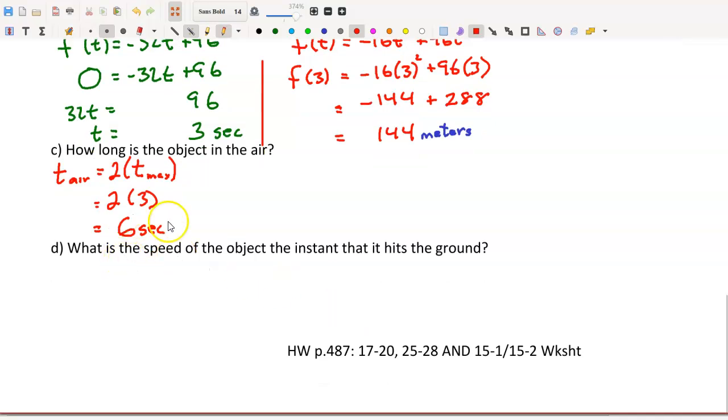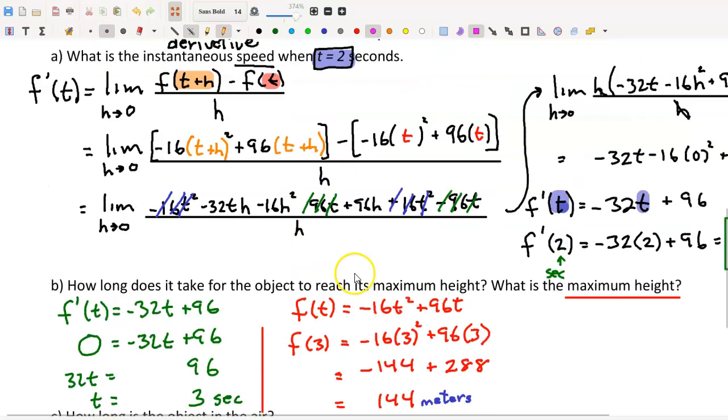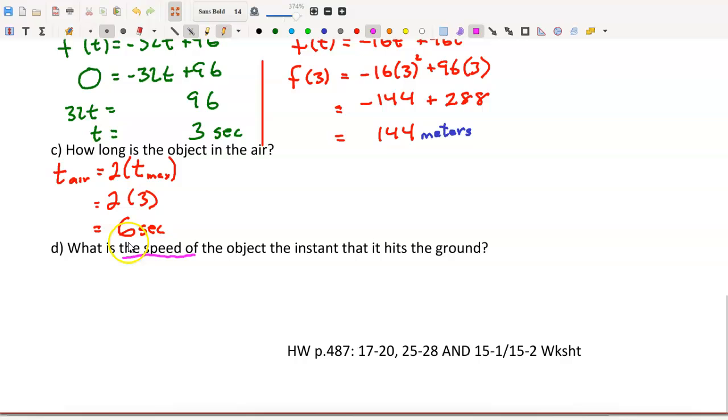So what function should we use? It's asking speed. So that's a big hint. Which one gives us speed? Derivative, right? So I'm going to take our derivative, the same one over here.